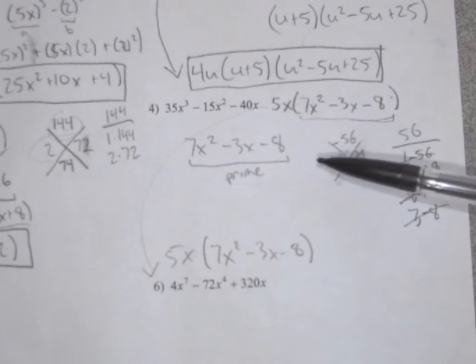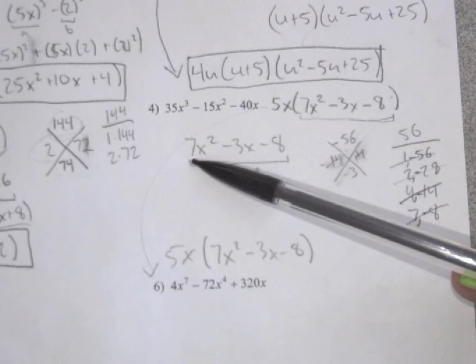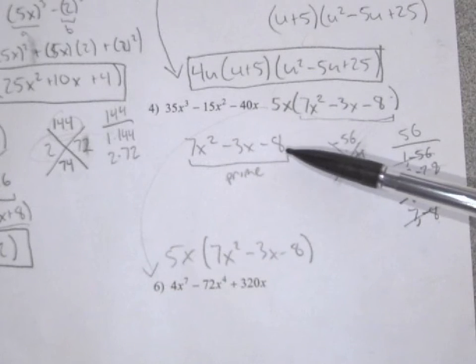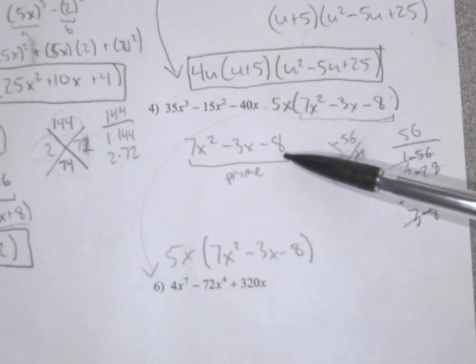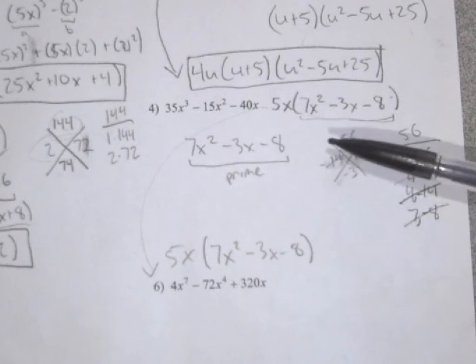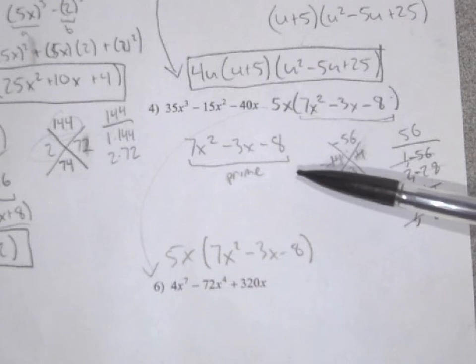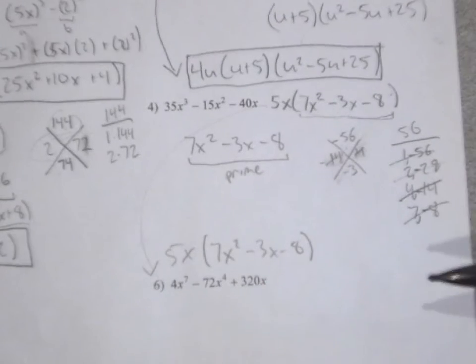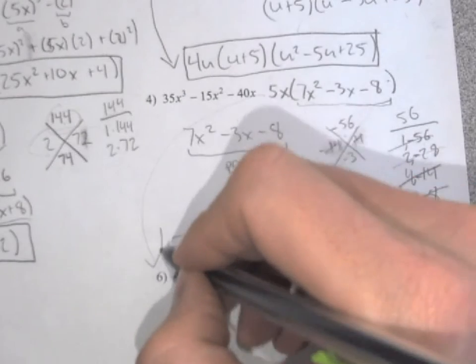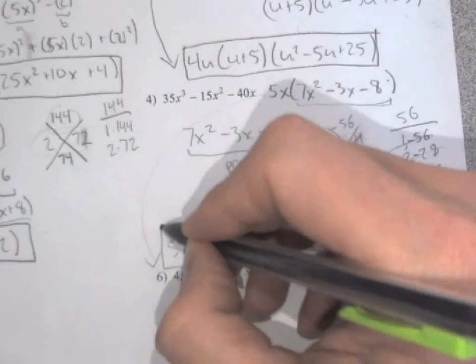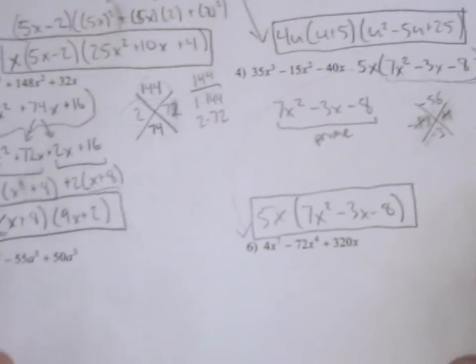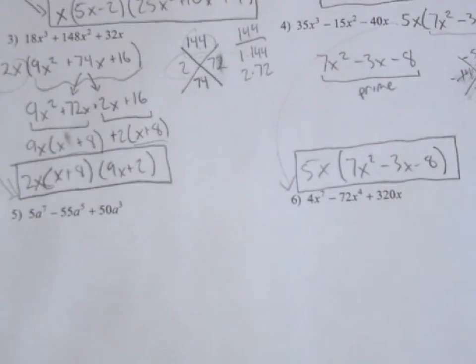We'd try all of our possibilities, all the combinations of 7 and 1 here, and then you'd try the factors of 8, so 8 and 1, 4 and 2, etc. And you would notice that none of them work. So whether you use guess and check or whether you use the AC grouping method, you're going to find that that trinomial just doesn't factor, and it's prime.